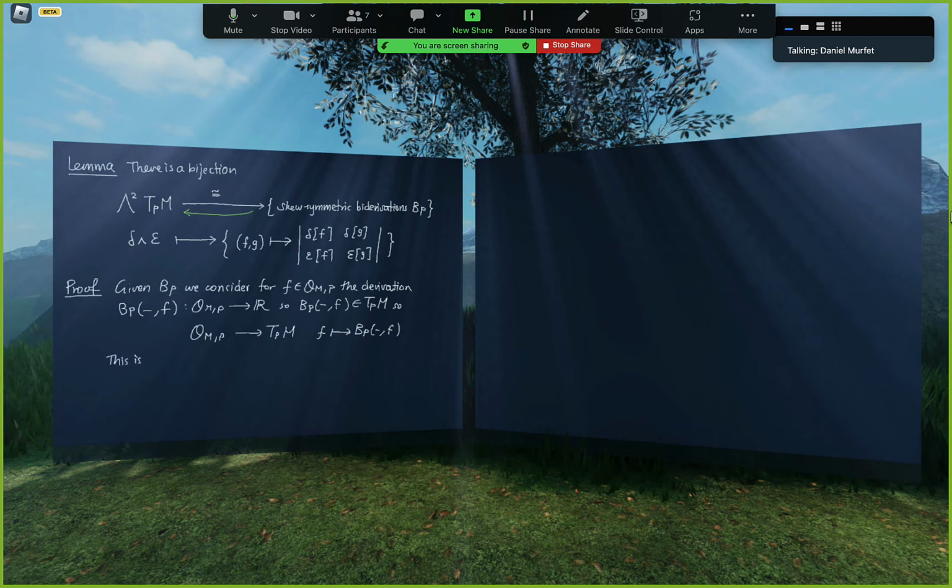Well, this is a linear map because B_P is bilinear, and the dual, the R-linear dual, is what?